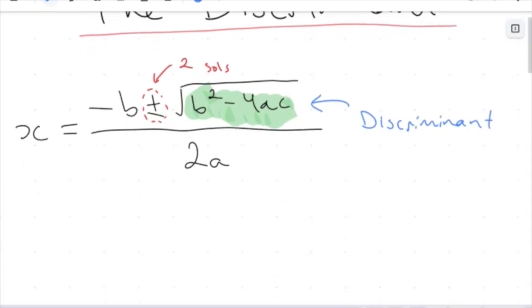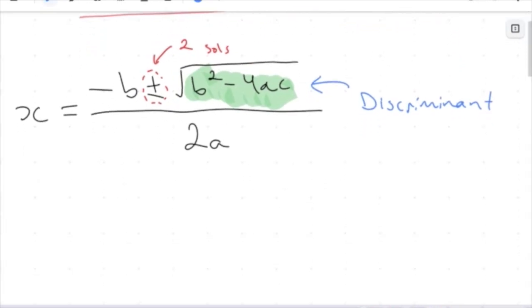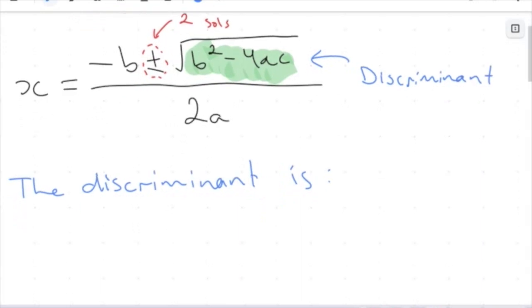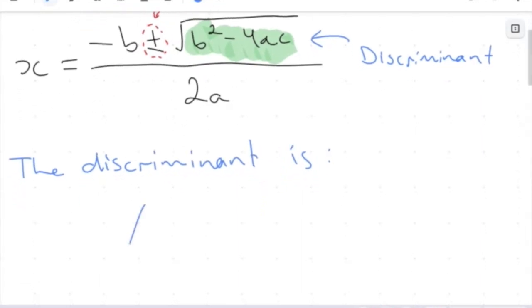And we have special notation for that, but I'm going to make a little note here, and this is that the discriminant is, and we have a special symbol for the discriminant that we use. That's this little triangle here.